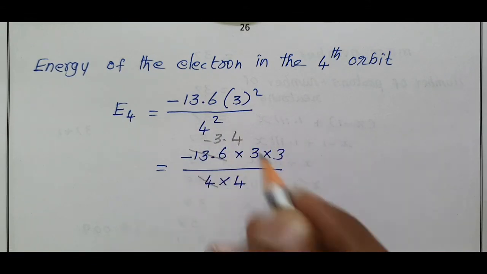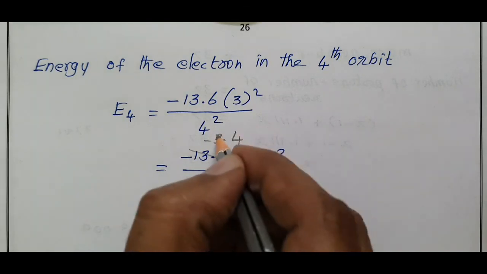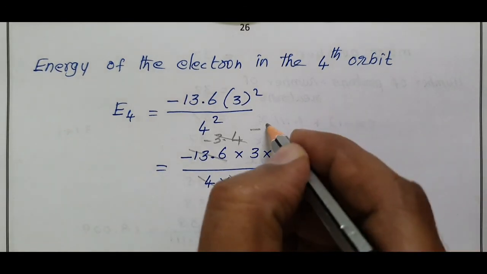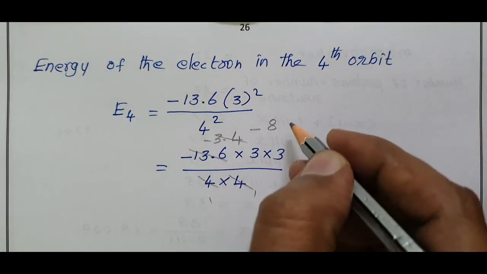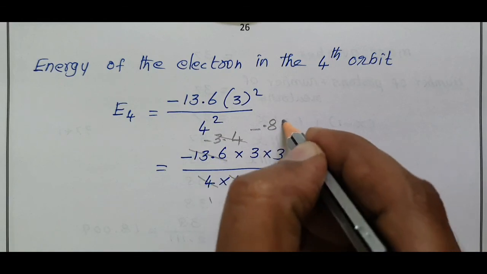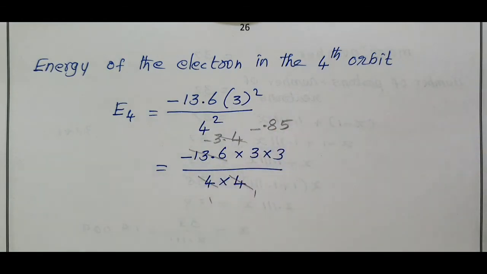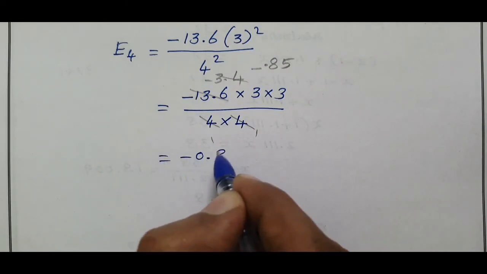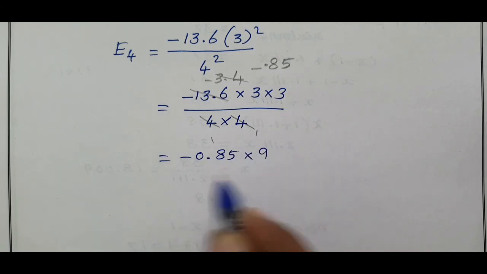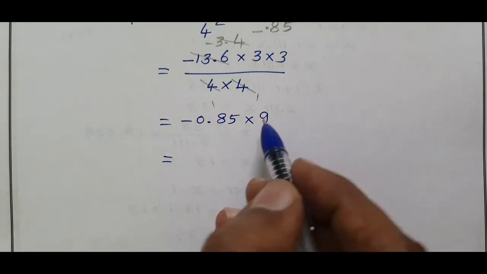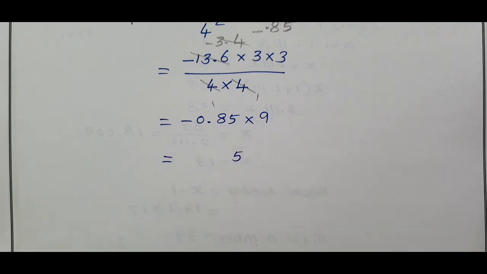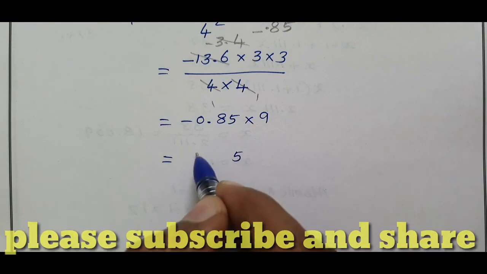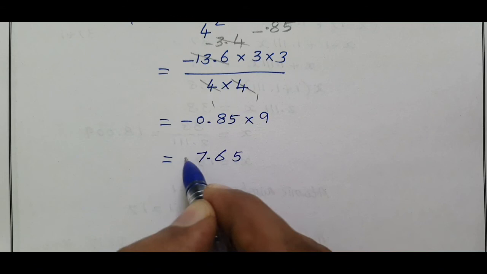When we cancel with 4, 13.6 divided by 16 times 9 gives 0.85. So 0.85 into 9 simply gives the answer, that is equal to minus 7.65.